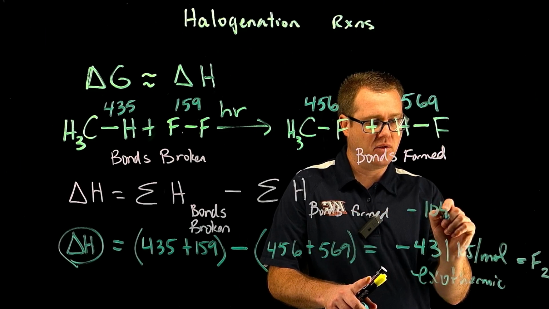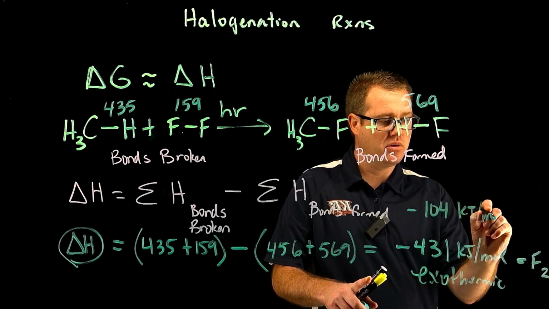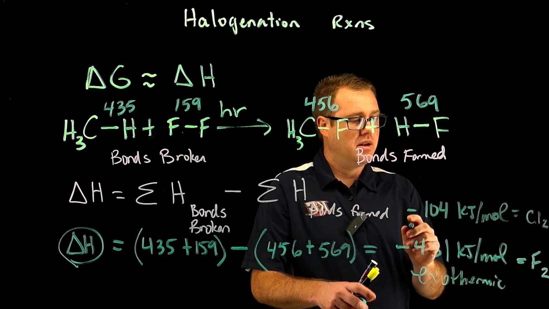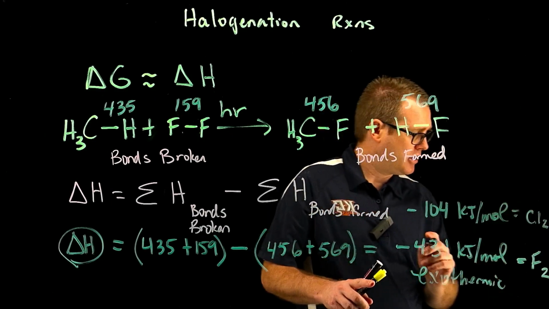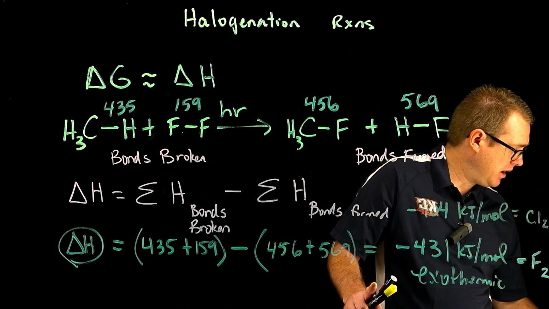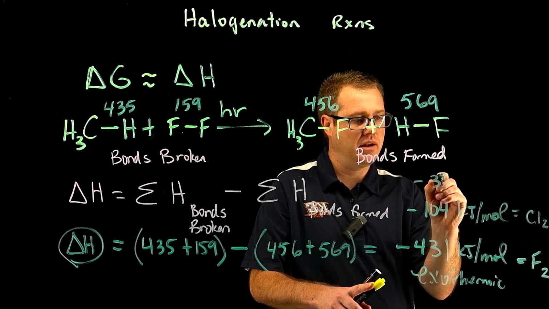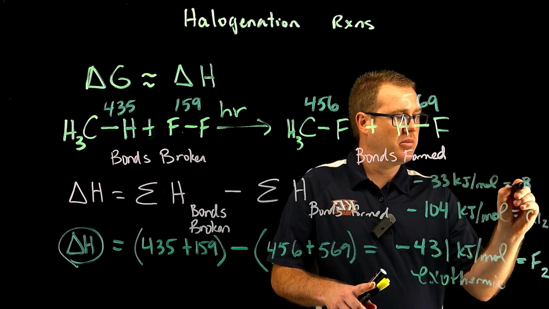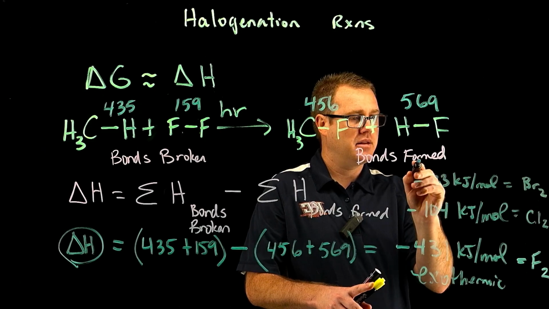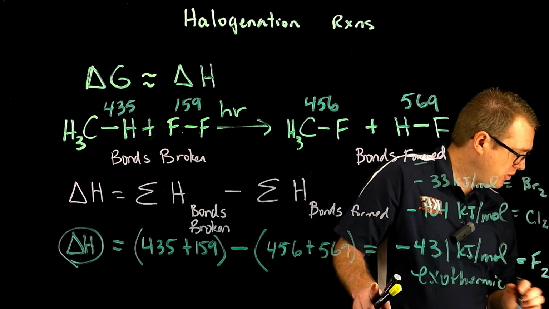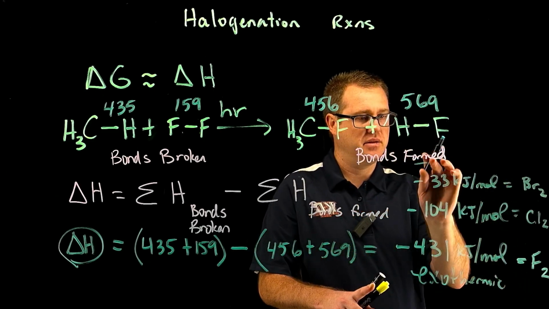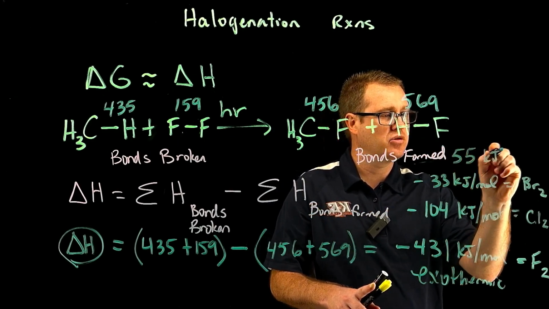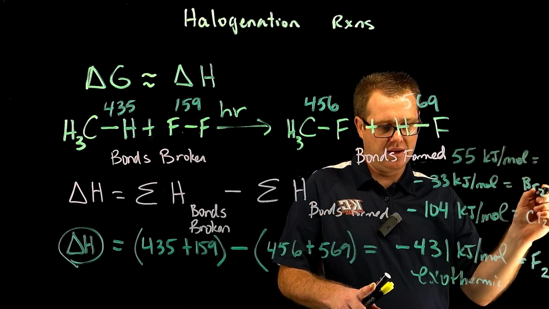It's a negative 104 kilojoules per mole. And that is for our chlorine. Next one, we could do bromine. And bromine is a negative 33 kilojoules per mole. That is bromine. And then the last one is iodine, which, actually, is going to be a positive 55 kilojoules per mole, and that's going to equal our iodine.